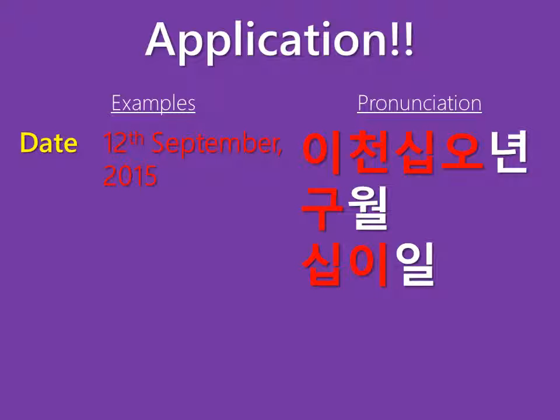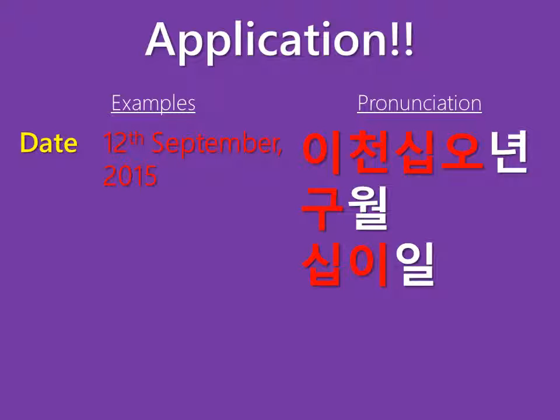Date as well. People commonly say dates using Chinese-based Korean numbers too. For example, for 12th September 2015, we first pronounce it in the typical Asian way, which is year first, then month, then day.